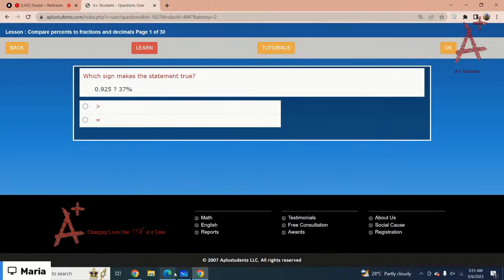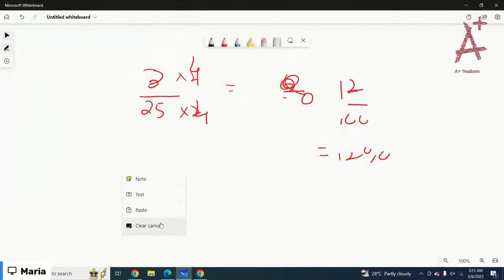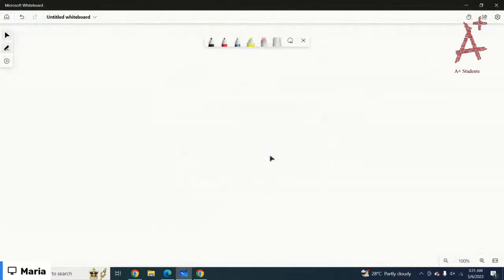So you have 0.925 and 37%. You can't compare until they are in the same form. Here, this is the decimal form, and this is the percentage. You have to convert either both to percentage or both to decimal form. So I'm going to convert 0.925 to percentage form.